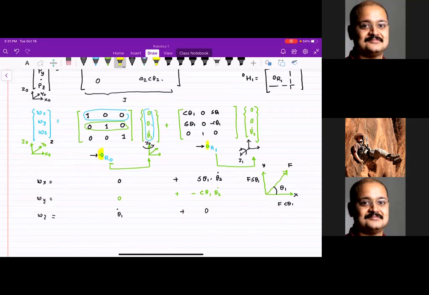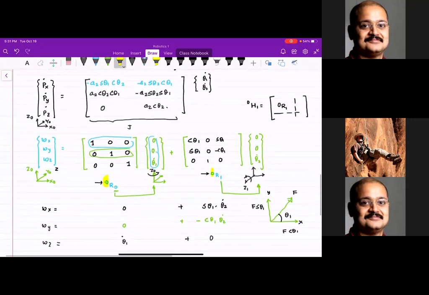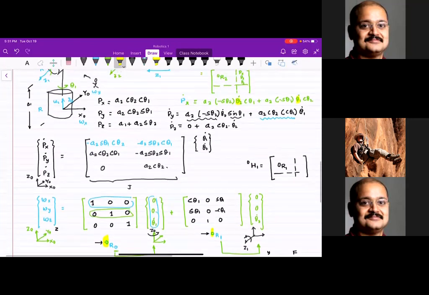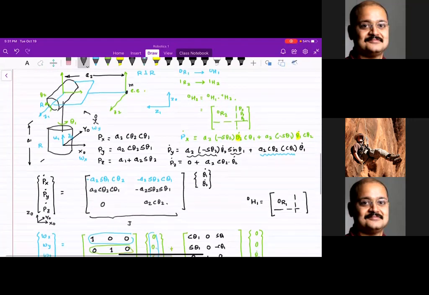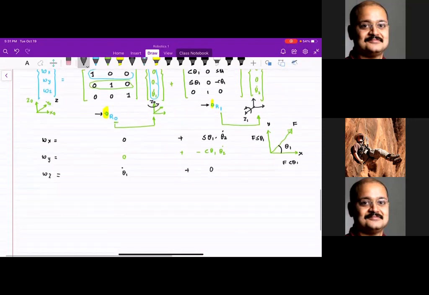So with that, we can find the kinetic energy of the end effector. For this problem, I'm going to assume everything else is massless. Only there is a mass at the end effector. So this is the mass at the end effector. And I'm going to ask you, tell me what is the kinetic energy of the end effector?